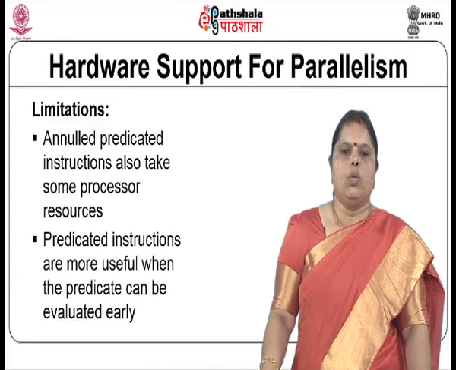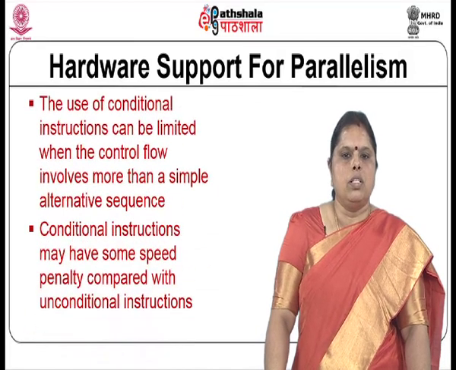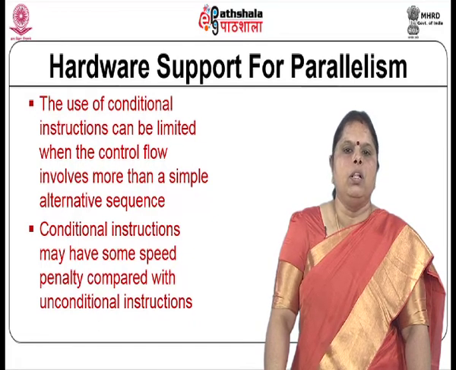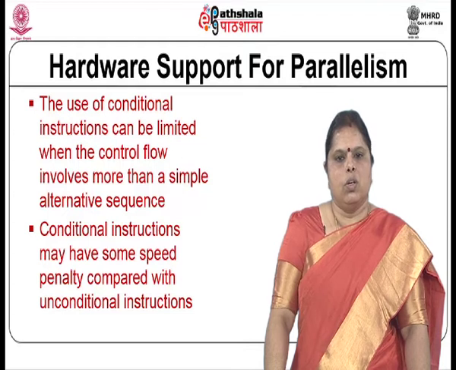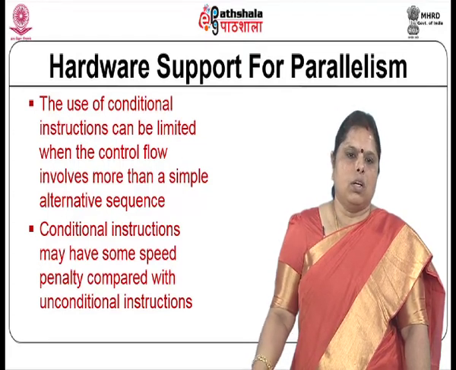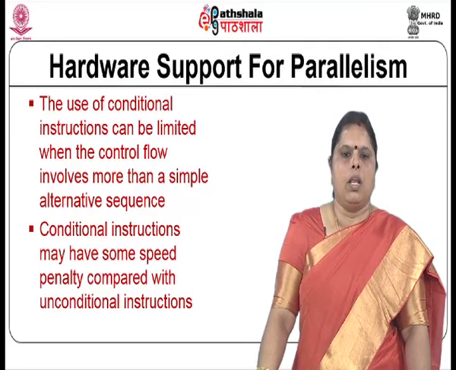So, it is better that you evaluate the predicate earlier itself. Now, the use of conditional instructions can be limited when the control flow involves more than a simple alternative sequence. So, if you have too many complicated alternative sequences, then it becomes a problem. Also, conditional instructions may have some speed penalty compared with unconditional instructions.